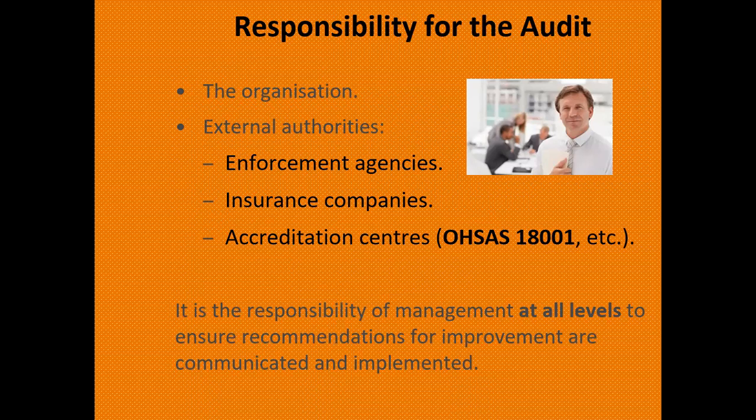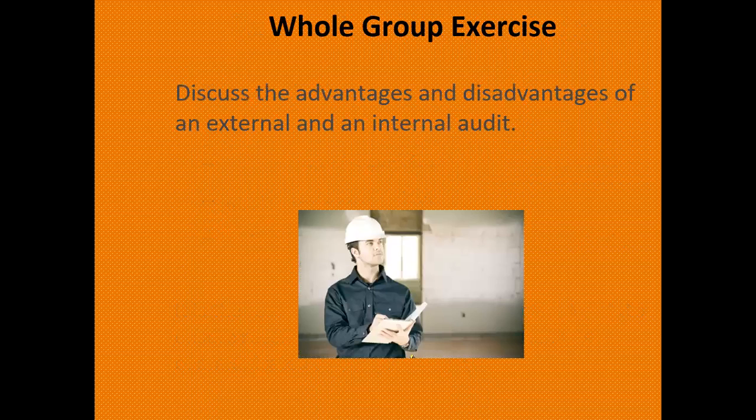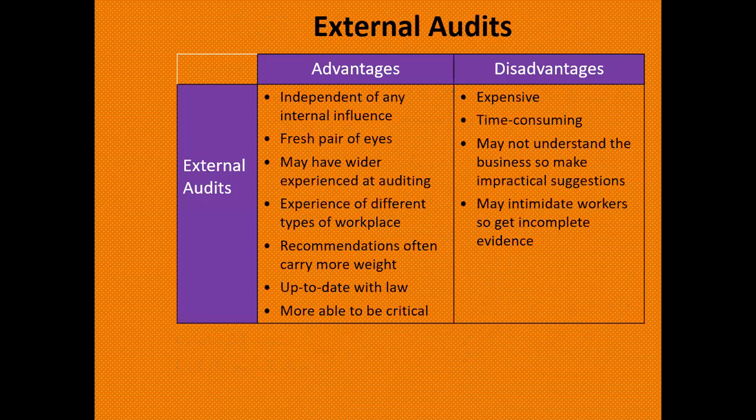It is the responsibility of management at all levels to ensure recommendations for improvement are communicated and implemented. The management and the employees who attend the audit session are responsible for communicating all audit observations and findings to all employees, so that the closeout can be done and implemented within the whole organization.